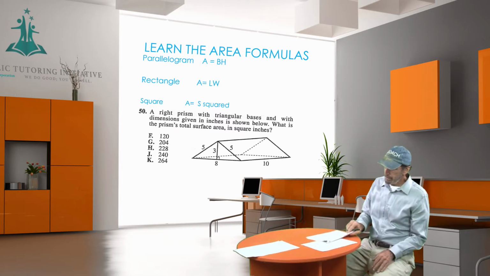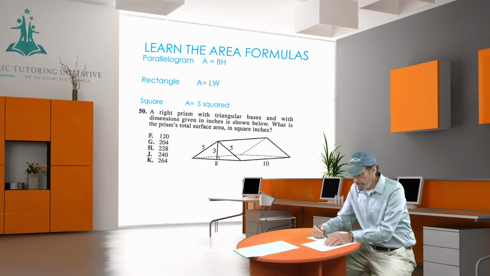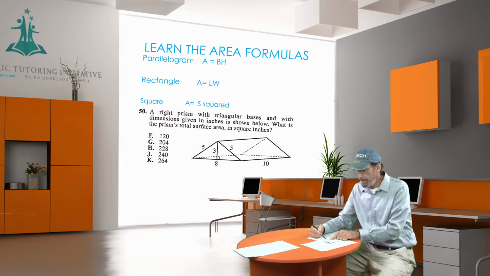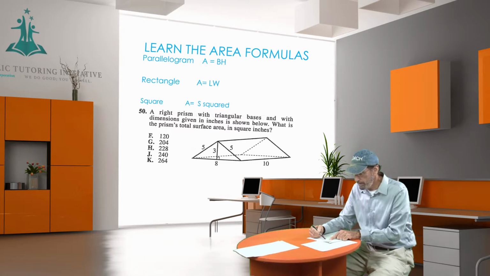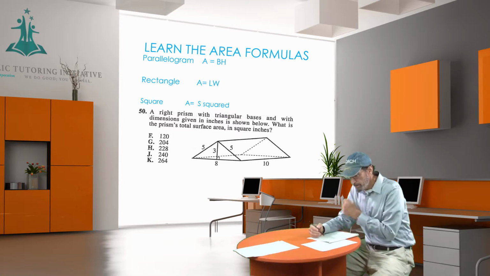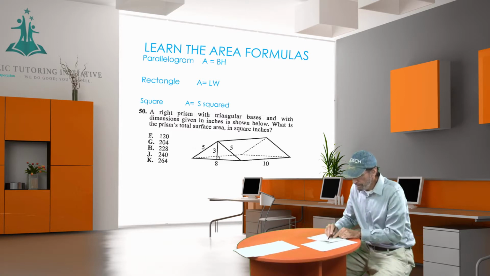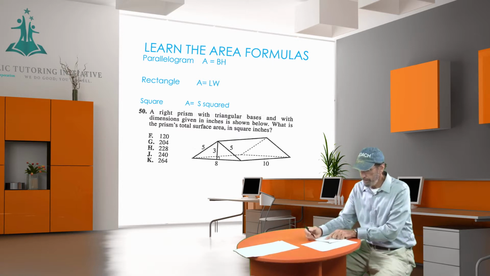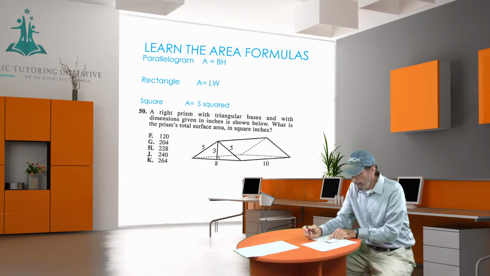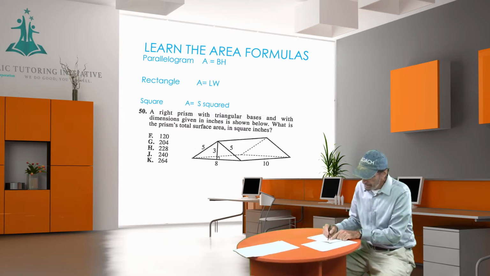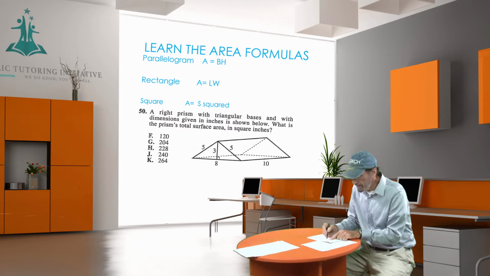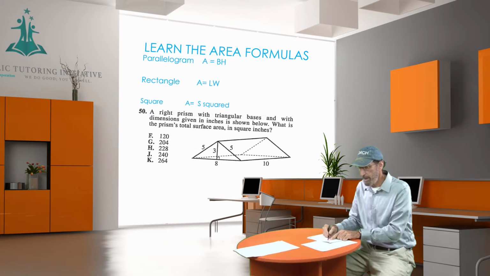Well, the surface area involves a bottom rectangle, which is 8 feet by 10 feet. So that's 80 square feet. Two sides, which are 5 by 10 rectangles. So those are each 50. And then two triangles on the end with base 8 and height 3.